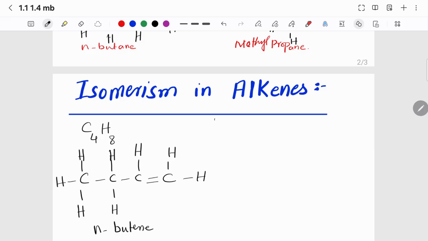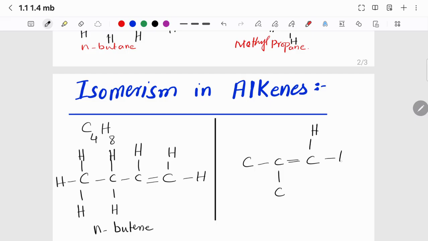While for the other arrangement, I will arrange 3 carbons in a straight chain, and in a similar way as I did for butane, I will arrange the 4th carbon in a branch, but I have to put a double bond here because it's an alkene.